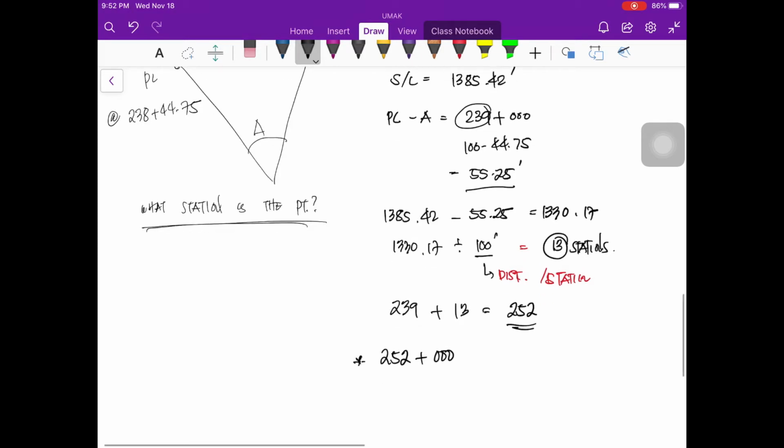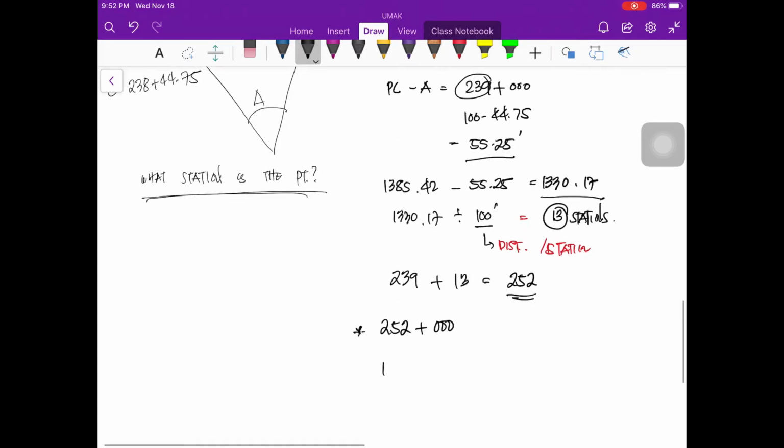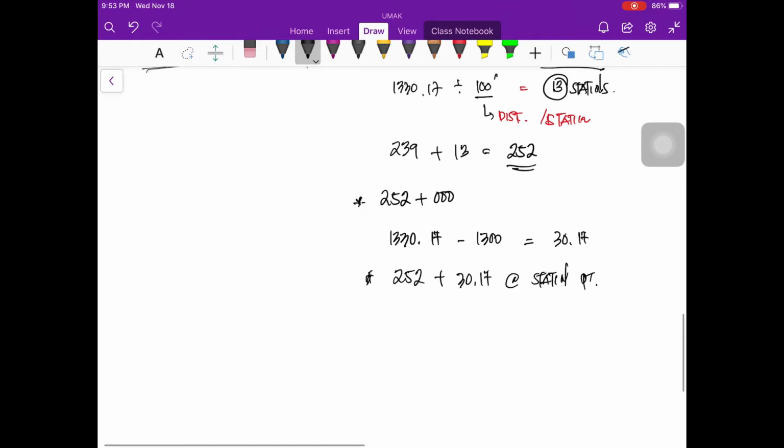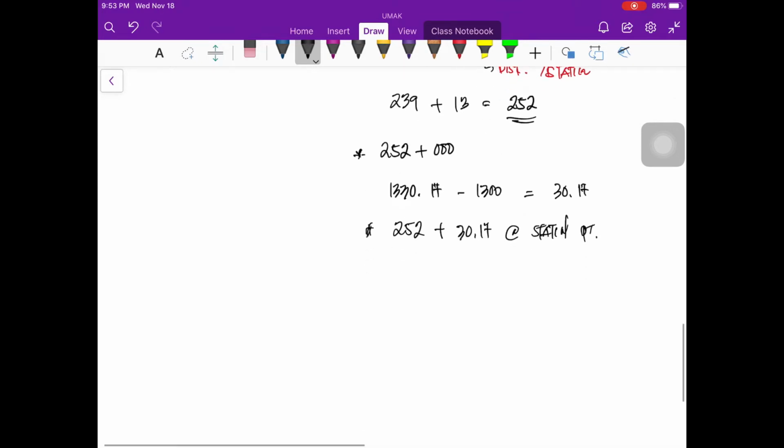This is the new station, but you have an excess of 30.17 because you only get 13 stations, at 100 per station. So 1330.17 minus 1300 is 30.17. So your station will be 252 plus 30.17 at station PT.